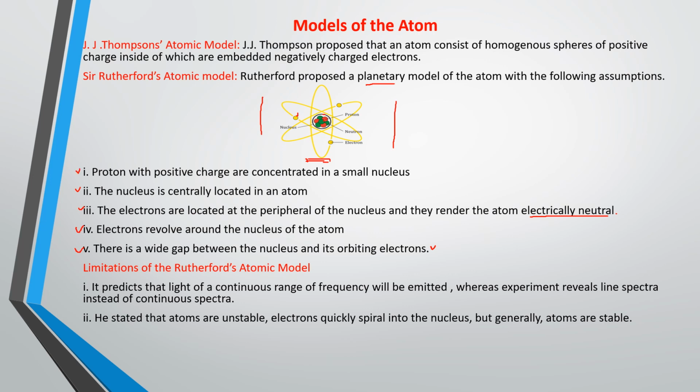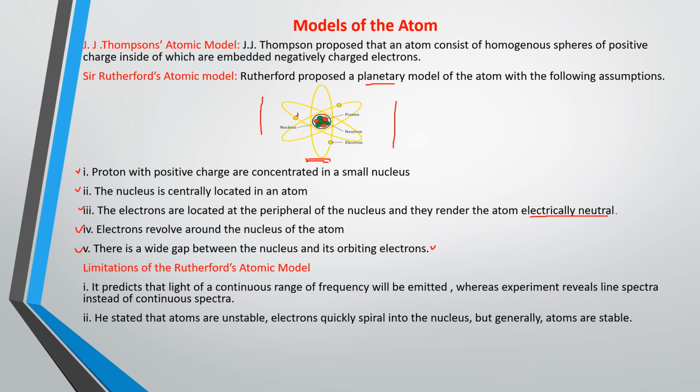Now, these postulates had some limitations. What are the limitations? One, this postulate predicts that light of a continuous range of frequency will be emitted, whereas modern experiments reveal line spectra instead of continuous spectra. Then, Rutherford's model implies that atoms are unstable.